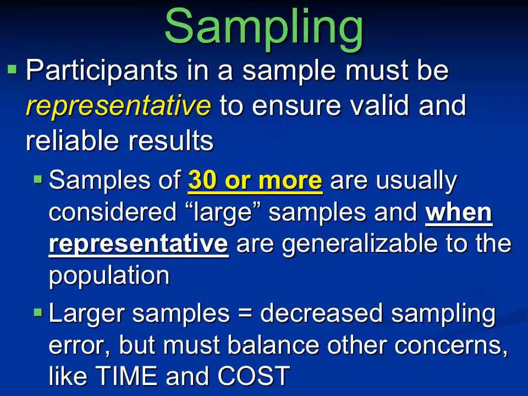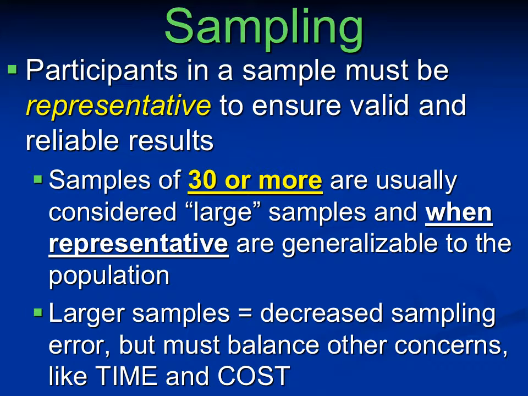So if we have a political poll that's predicting election results, it's usually very accurate, despite the fact that they're using only a few thousand people to predict the voting behavior of tens of millions of people. They are usually accurate because the pollsters go to great lengths to be sure the samples are representative of the voting population, right? Representative of age, race, gender, region of the country or state, what their likelihood of voting is, and so on.